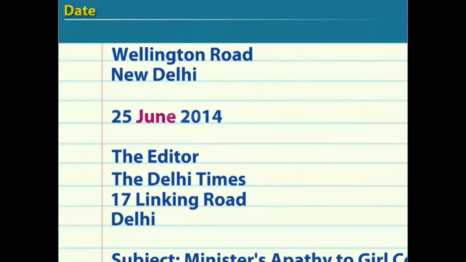Next, write the name of the month in full followed by the year. You can write the year as 2014 or '14. Do not use any punctuation marks except for the apostrophe in the year if you choose to write it as '14.